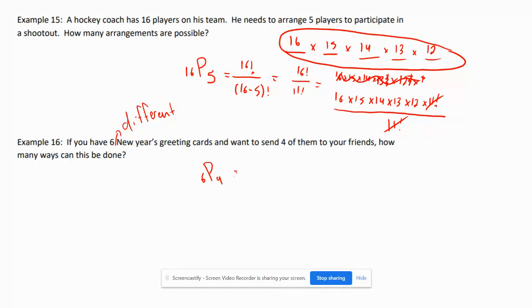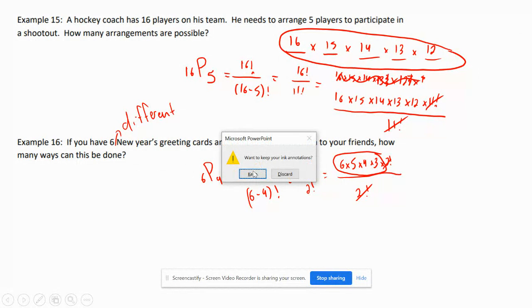So same thing as like 6 factorial over 6 minus 4 factorial, which is 6 factorial over 2 factorial, 6 times 5 times 4 times 3 times 2 factorial over 2 factorial, and we're getting this calculation right over here.